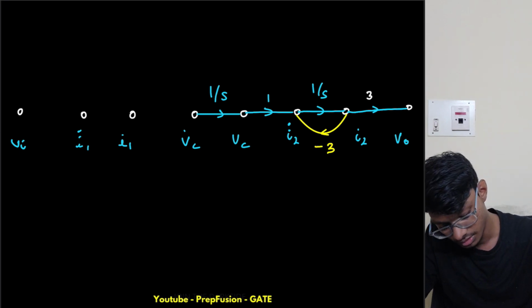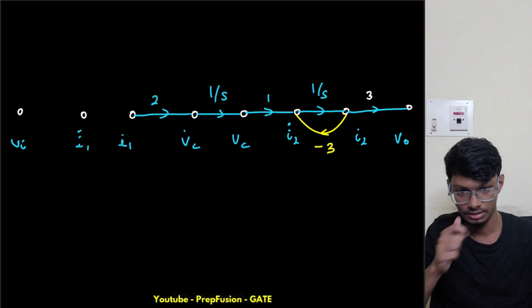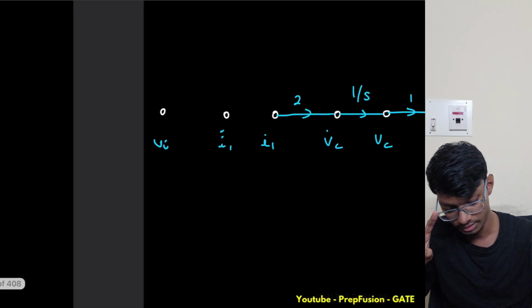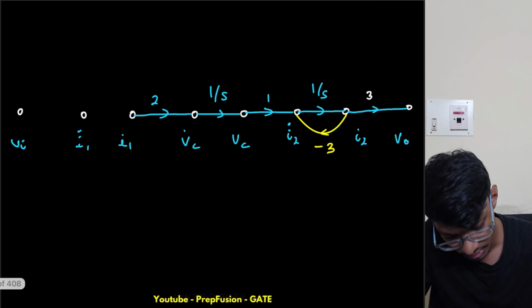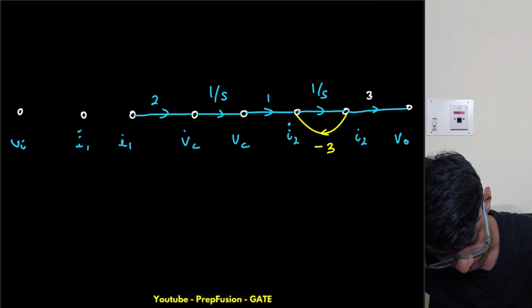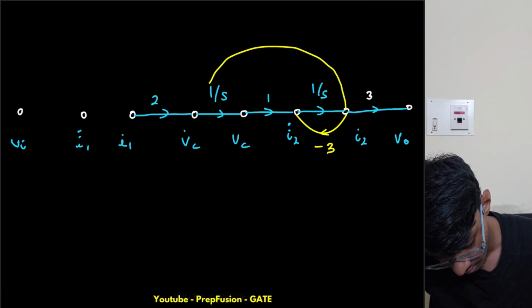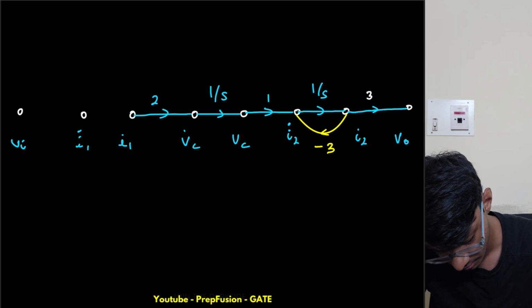Vc dot equals 2 i1, so I will write it like this. And again the loop, minus 2 i2, so I can write it like this. I have to bring this a bit to the side.